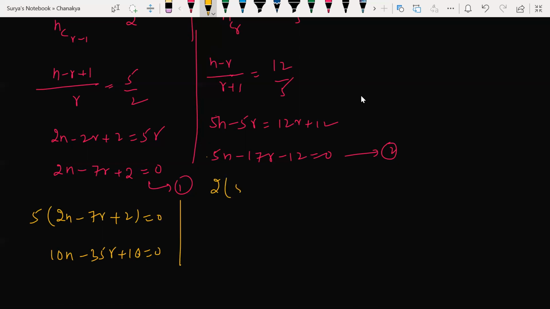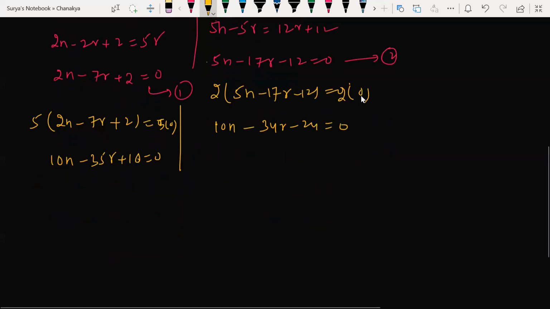Now multiplying this with 2 on both sides. It will be 0 only anyway, 5 into 0 is 0 only. So 10n minus 34r minus 24 is equal to 0. Now solving these two, subtracting.